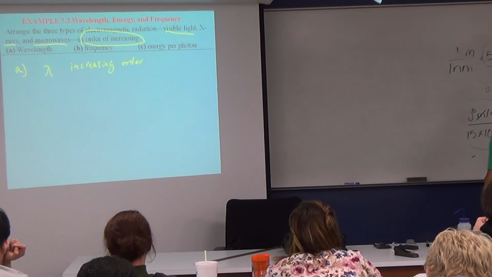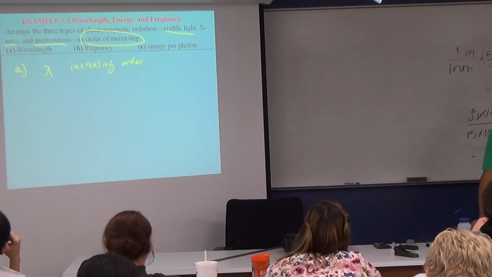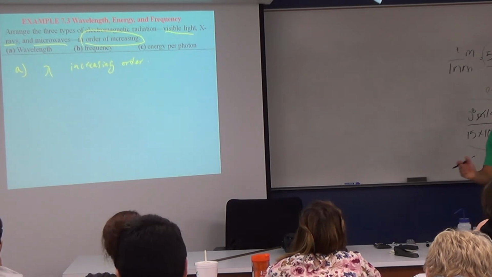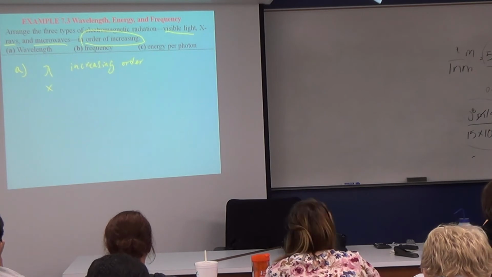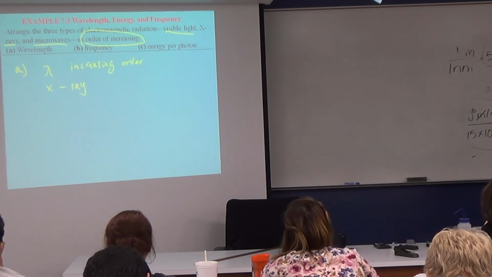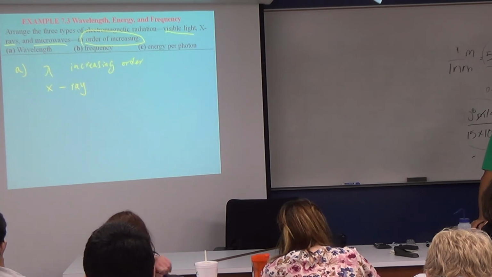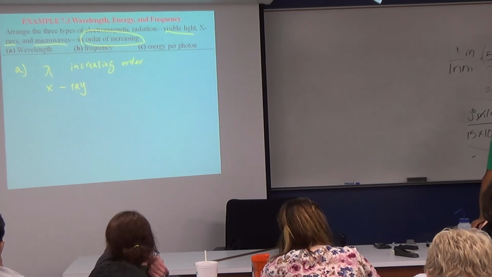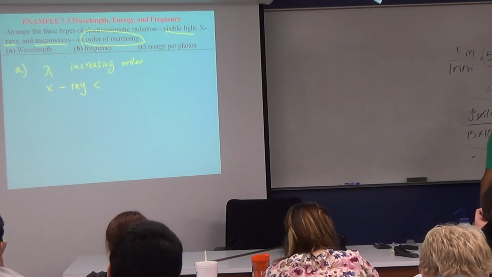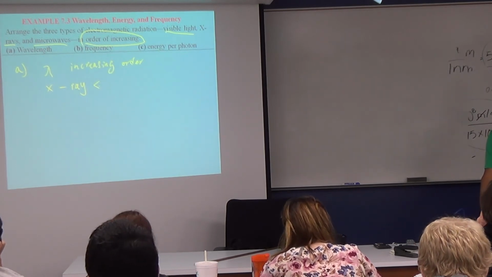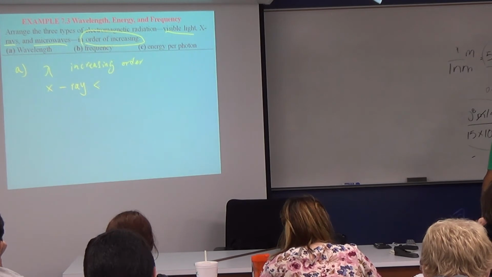Do you remember on which side has a small wavelength, the left side or the right side? On the right side you have the gamma ray, X-ray. So X-ray will have the smallest wavelength. Then in that way you go from right to left. We'll use this symbol representing less than. So what will be the next?